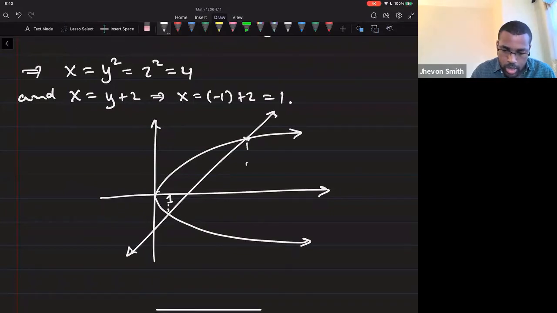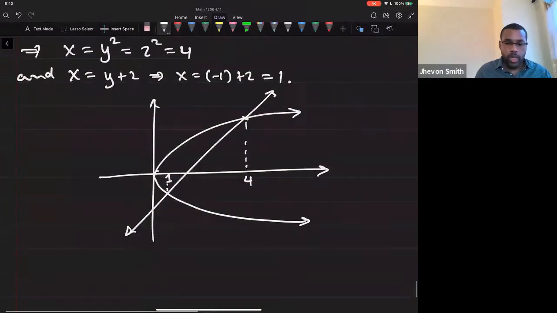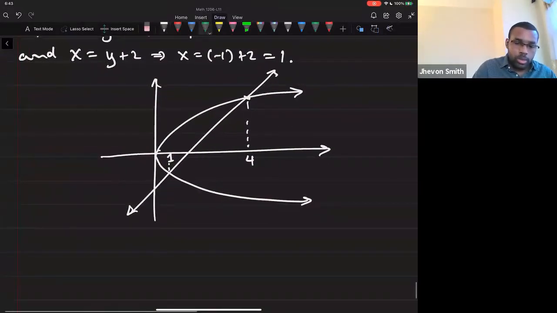And this is going to be at 4, which is where that intersection happens. And there is a difference between being on the left of 1 versus on the right of 1.